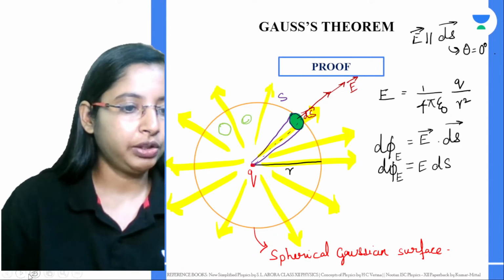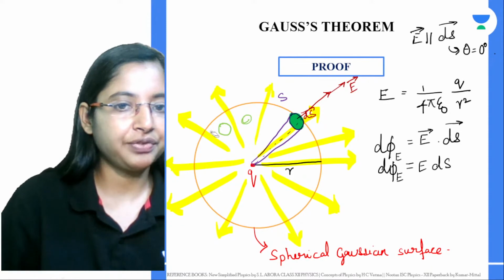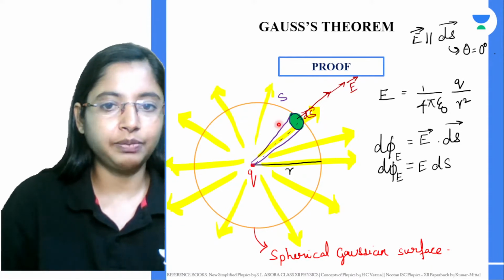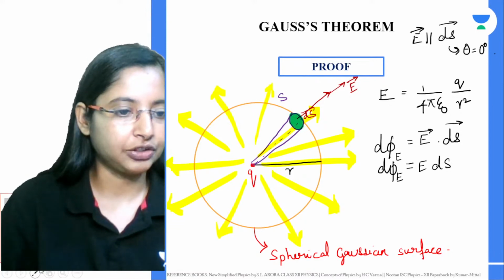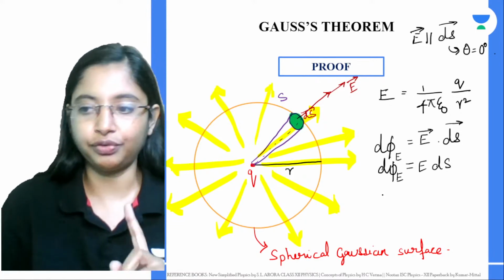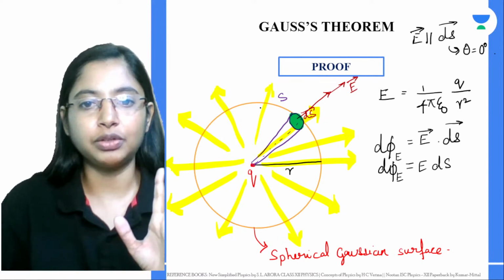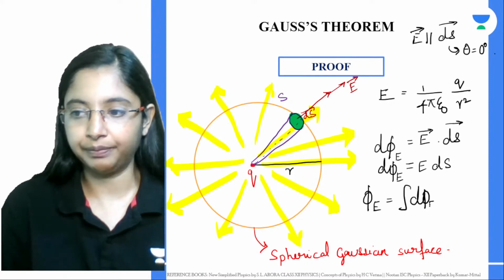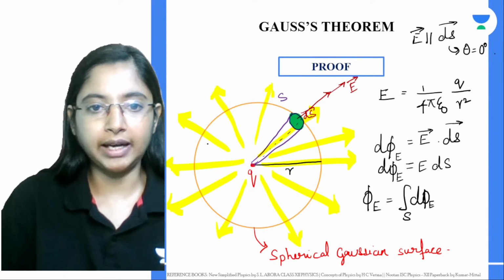So how can we find the total flux? If I find the flux through the small area, I can make use of integration to find the total flux through the surface. The total flux through the surface is given by phi e, and you can get it by integrating d phi e over this entire surface.